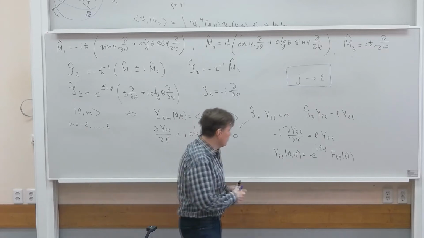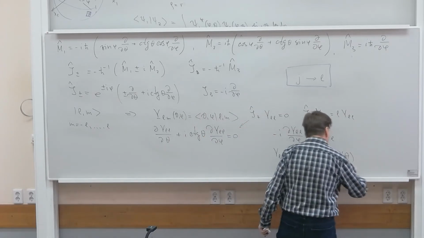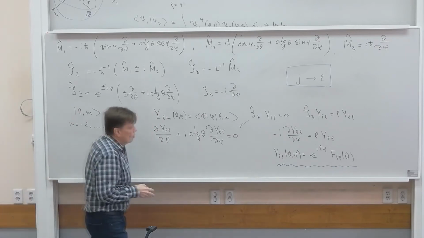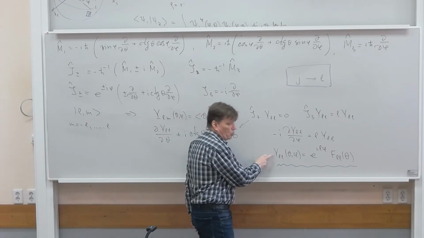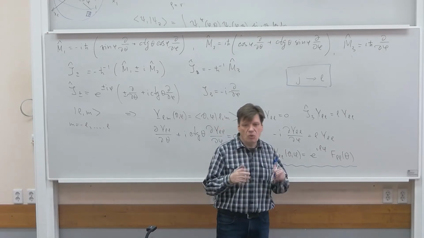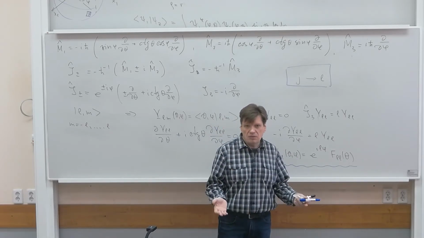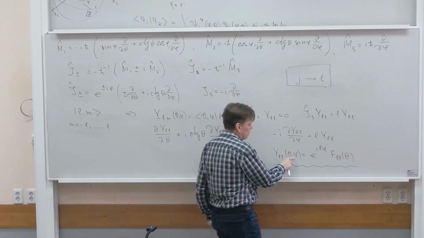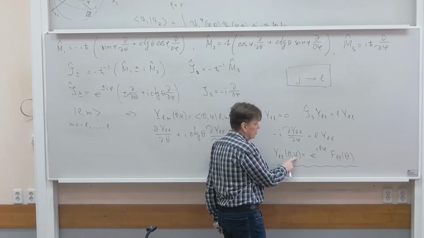And now look at this equation. This is a very remarkable equation actually. By definition, our eigenfunctions Y are complex valued functions on the sphere. So they must be periodic in phi with period 2 pi.